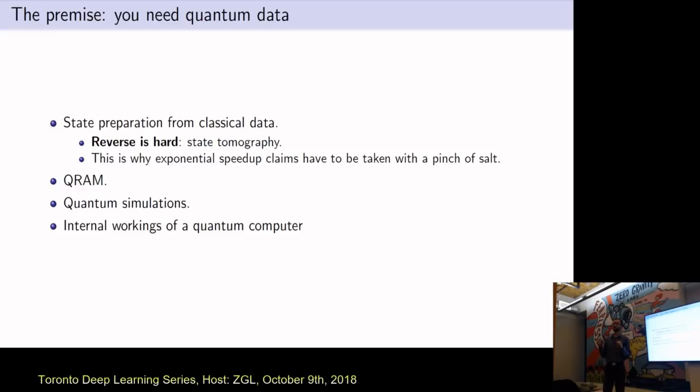Because then what you have to do, first of all, is run something called quantum state preparation. You have some vector that you want to encode in a quantum state. The quantum state is also some high-dimensional vector. In principle, mathematically, it's very easy to write down that now it's a vector in R^n, now it's a vector in C^n.